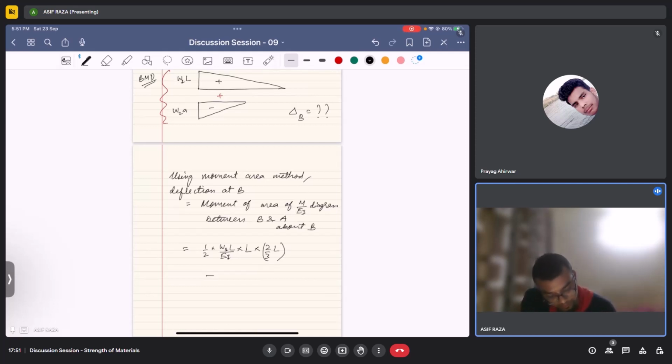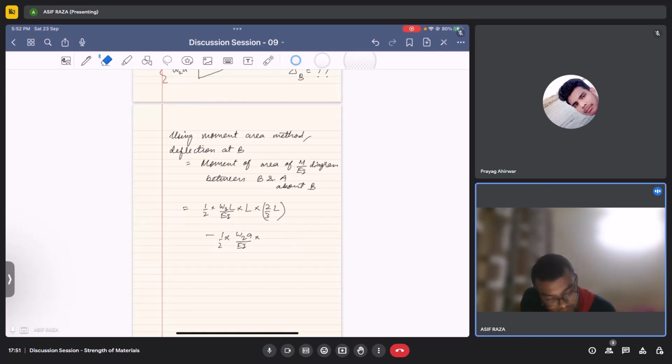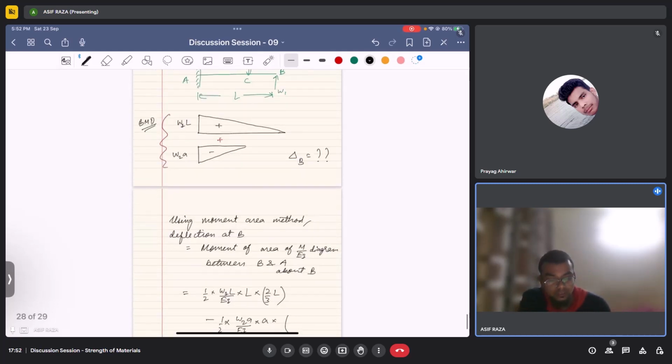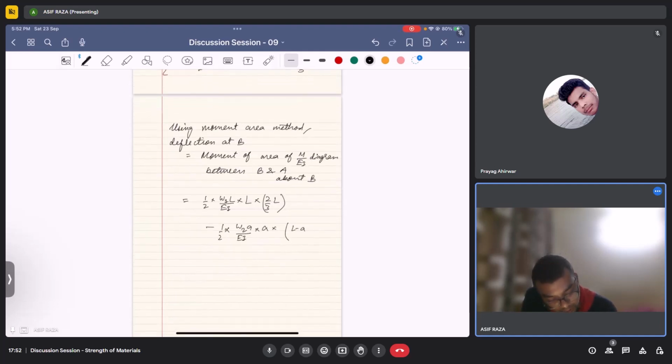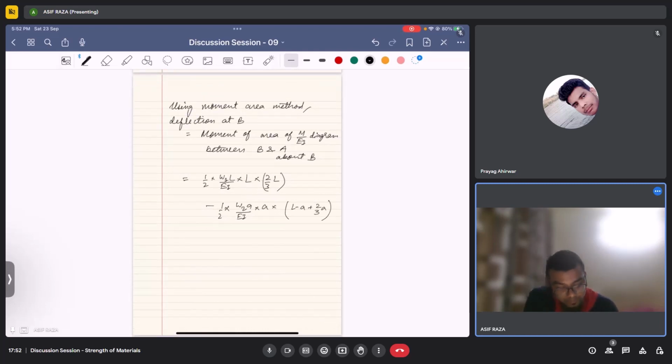For that, half into W2a upon EI times the span, which is a, and the moment arm would be L minus a, which is this part, plus 2/3 of a. So this is what we want to find.